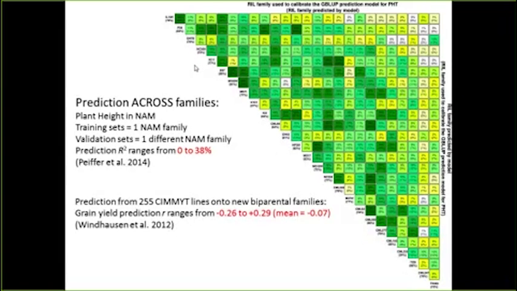It can get worse. Here's a paper out of the CIMMYT group where they took lines from lots of different CIMMYT programs, built a genetic prediction model, and then tried to predict new biparental families, and the prediction correlations between what they predicted and what they actually measured ranged from negative 0.26 to positive 0.29. The average was actually negative.